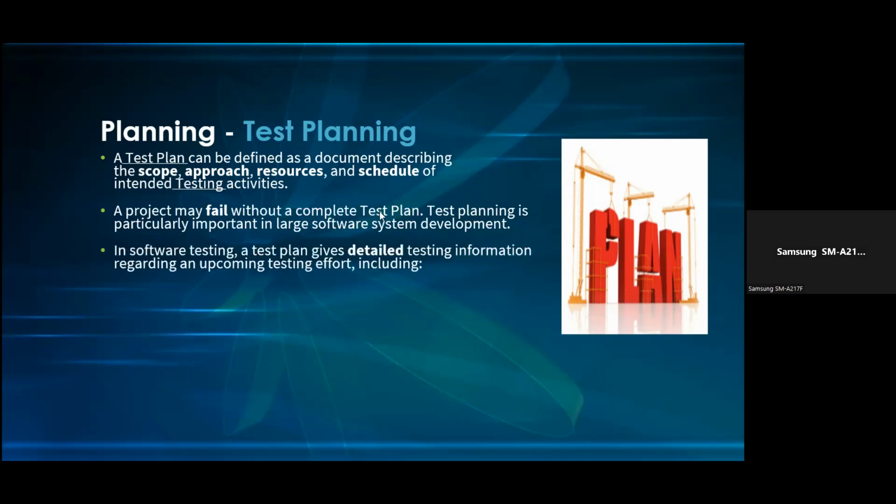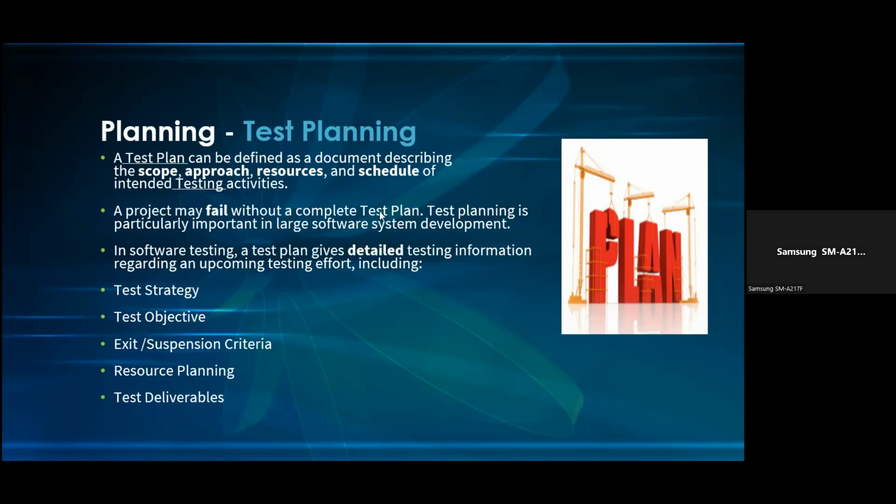In software testing, a test plan gives detailed testing information regarding an upcoming testing effort, including: test strategy, test objective, exit or suspension criteria, resource planning. The resource is you and I, for us to know where exactly you fit in.